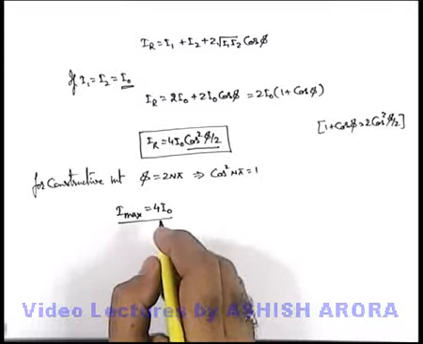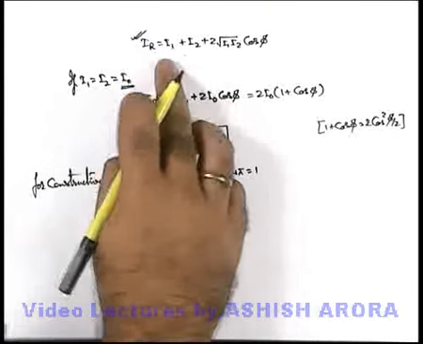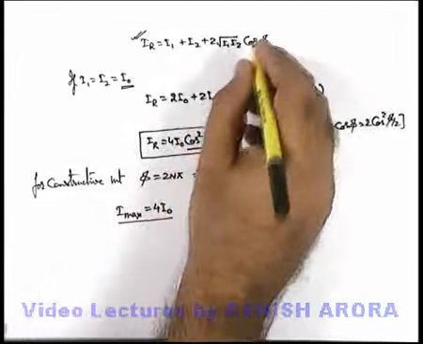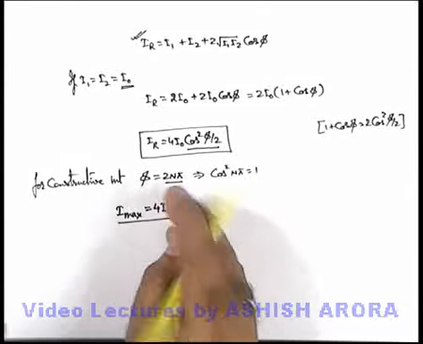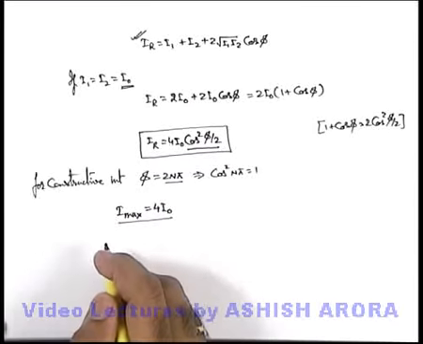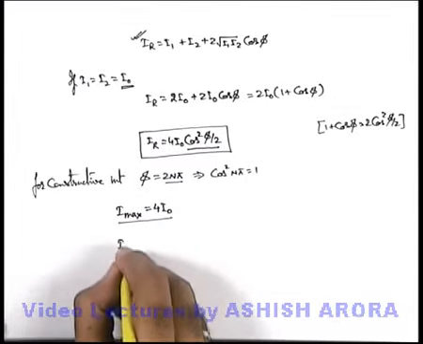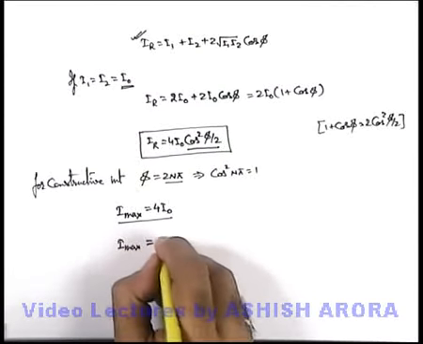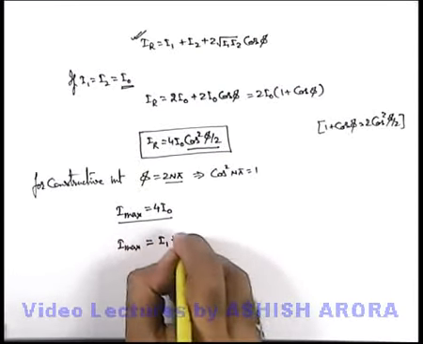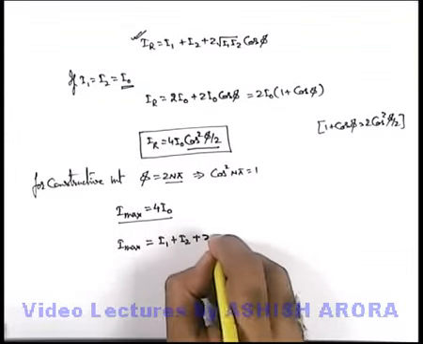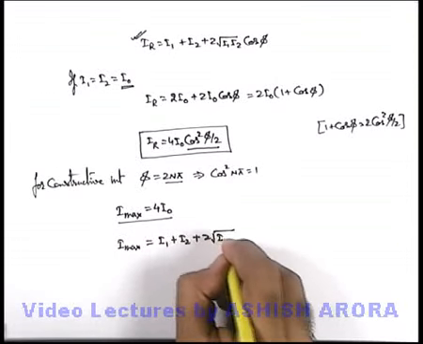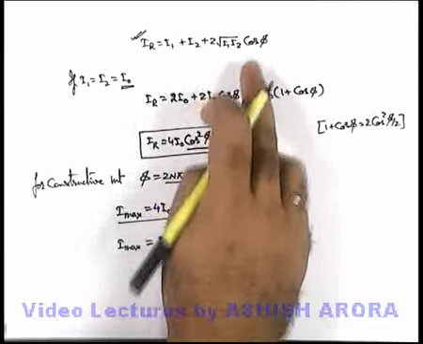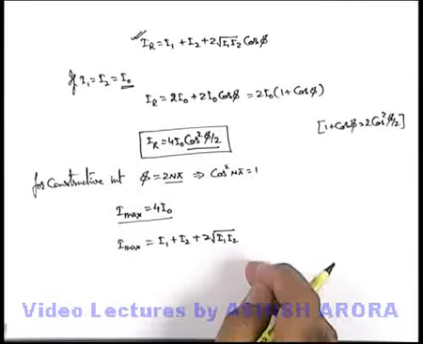Similarly, we can talk, if the wave intensities are not equal, cos φ can also be written as 1. So in this situation, if the intensities are unequal, maximum intensity can be given as I1 + I2 + 2 root of I1 I2, as again cos 2nπ will also be 1.